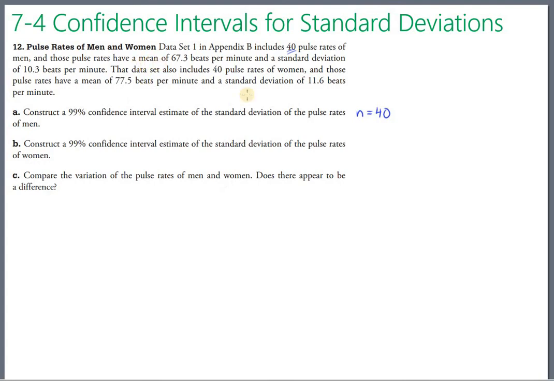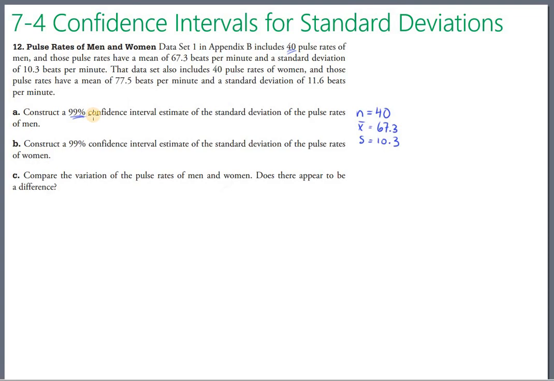And those men have an average of 67.3, and those men also have a standard deviation of 10.3. These are statistics from a sample, so I'm using s and x bar for the standard deviation and the mean. Okay, and 99% confidence, right? That's probably the other thing we need to know out of this particular problem.